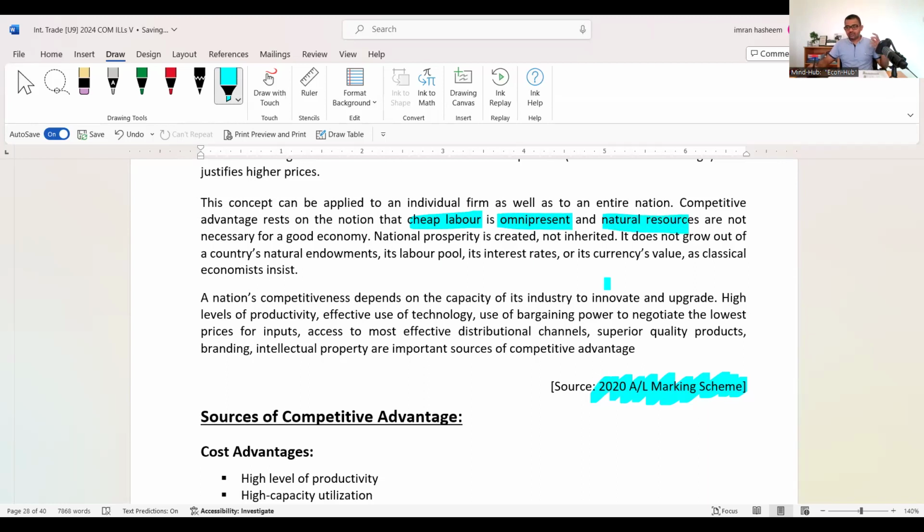The traditional understanding was that only if a country has cheap labor and enough natural resources can it be competitive. That was the old school thought.